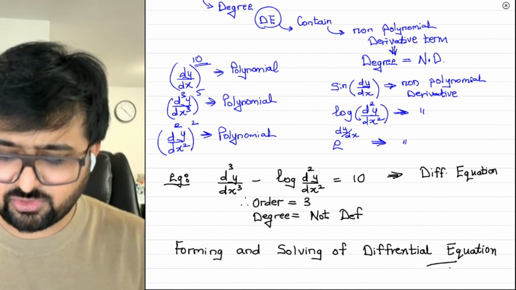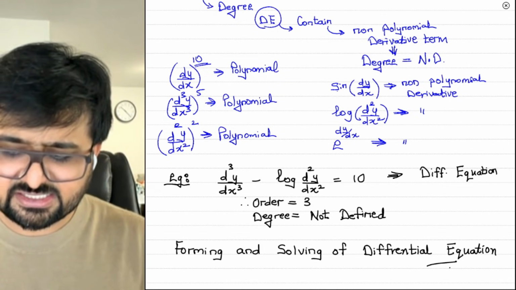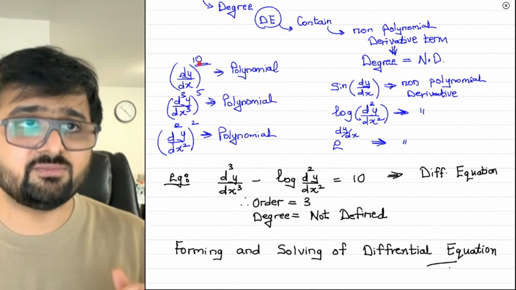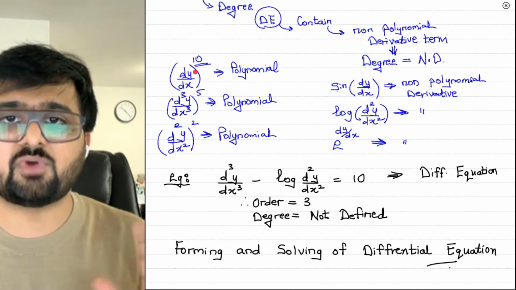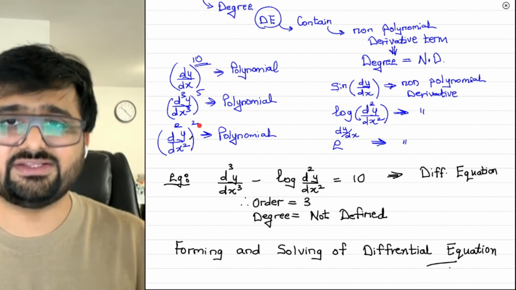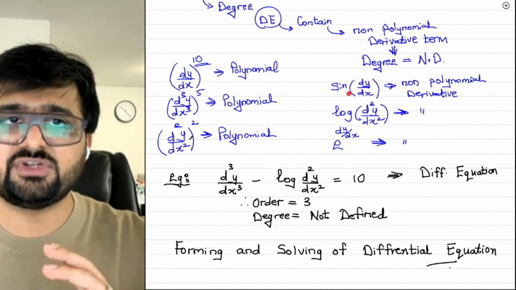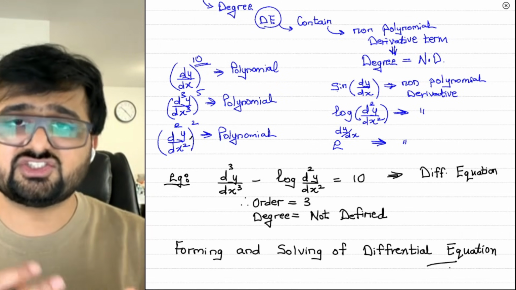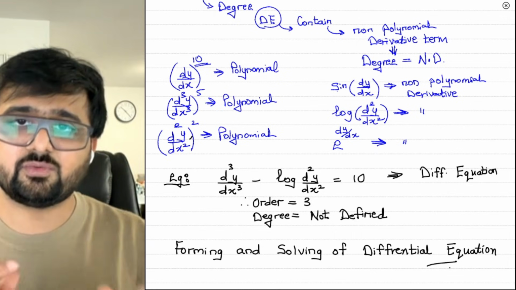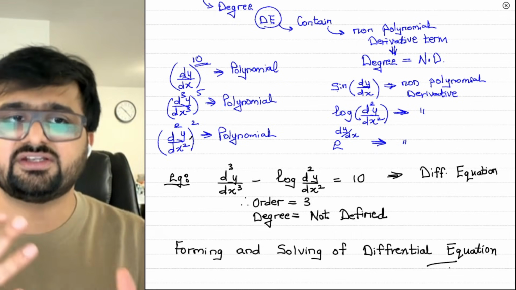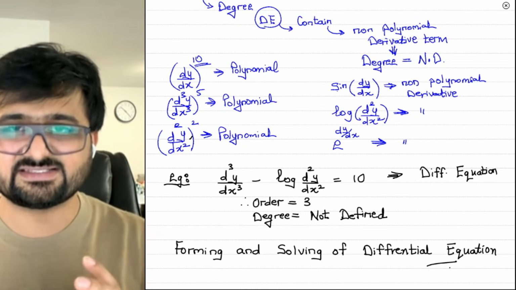I hope that makes sense. For a differential equation which only contains polynomial derivative terms, you can define the degree. But if it contains non-polynomial derivative terms, in such cases the differential equation's degree is not defined. I hope that makes sense.